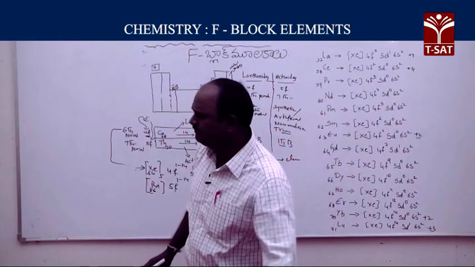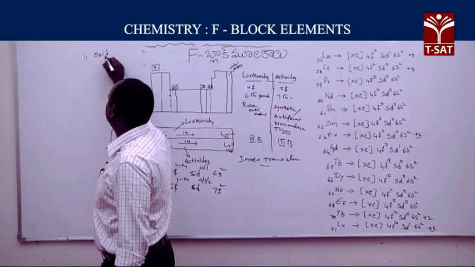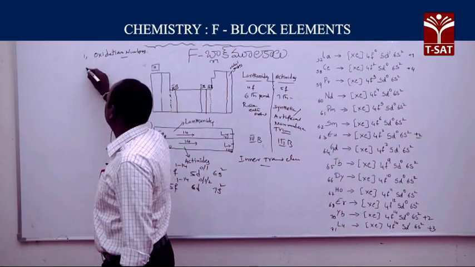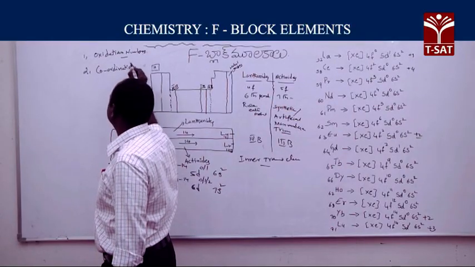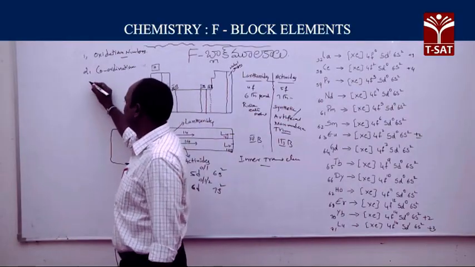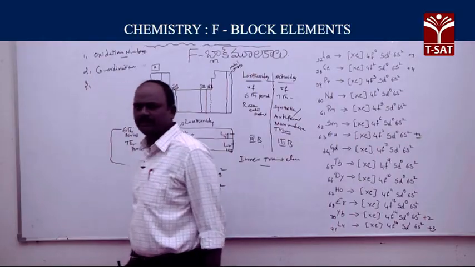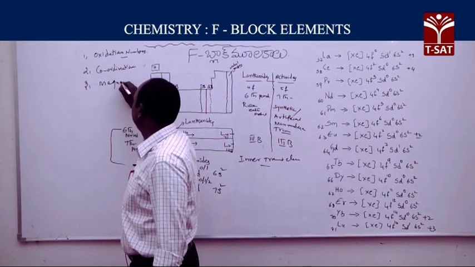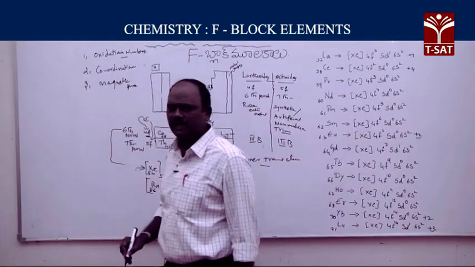Now, there are 5 important properties. The first important property is the oxidation number. Second one, formation of coordination complexes. This is the second important characteristic property of inner transition elements. The third one is magnetic properties. It is almost similar to the transition elements.